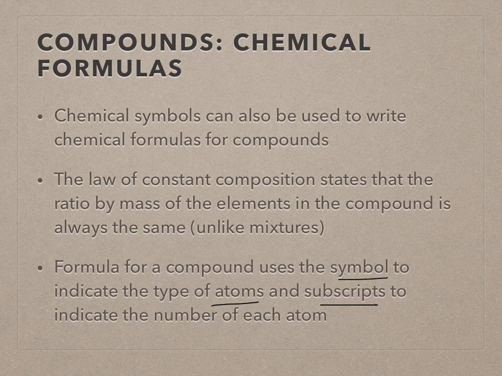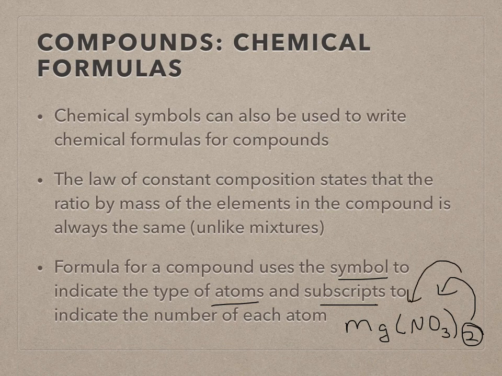Let's say that I've got the formula Mg(NO3)2. Okay, take a look at that. Remember what I said: if the little subscript is outside the parentheses, it's like taking it times everything inside there. In other words, it's just like in algebra.